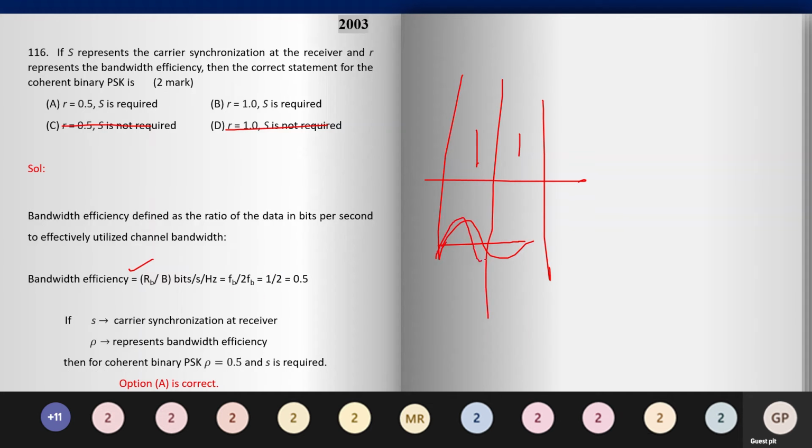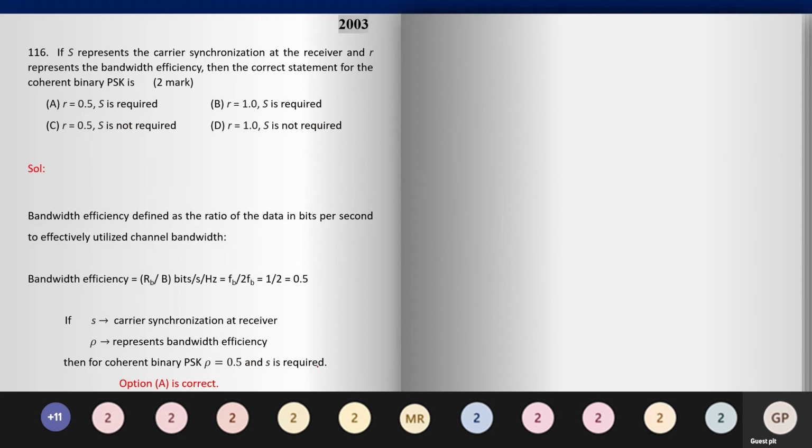Logic 1 means a carrier is added with the normal frequency, and logic 0 means you add 180 degrees. So the data bit is 1 here, and 1 by 2 is equal to 0.5. So you can say rho efficiency is equal to 0.5, and S is also required.